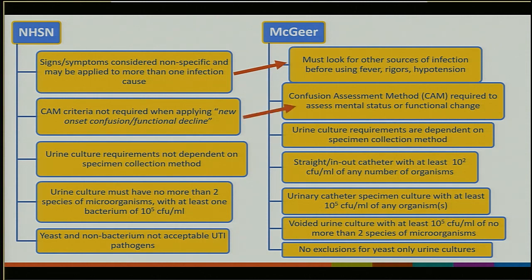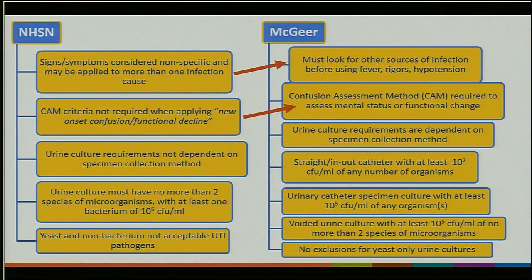And compared to McGeer, the confusion assessment method, or the CAM method, is required to assess mental status or functional change. Now, with the NHSN, as we get deep into the protocol, you do have to use acute mental status change. You do have to have accompanying leukocytosis as well, but we'll talk more about that.